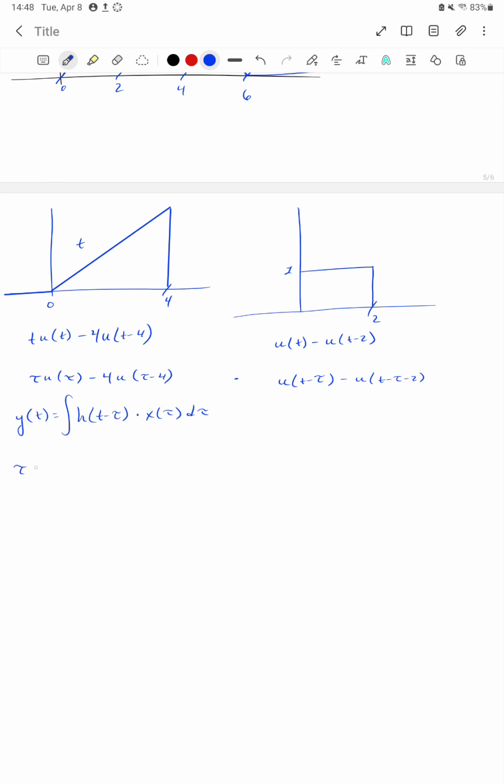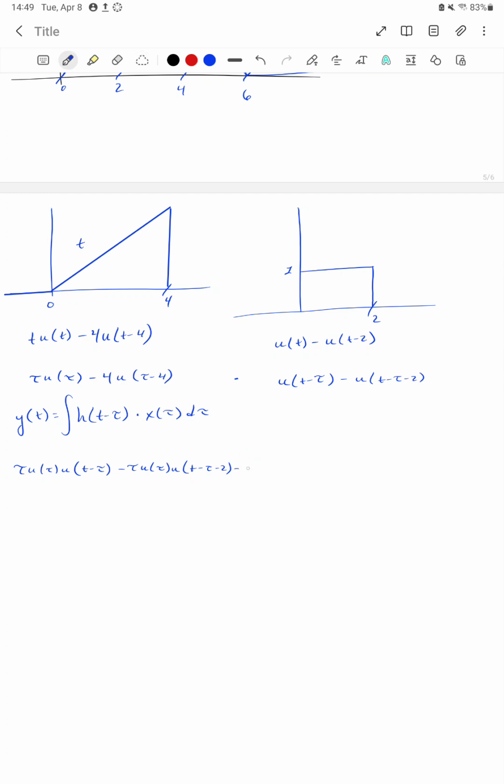So I've got tau u of tau times u of t minus tau. And then I've got minus tau u of tau times u of t minus tau minus 2. I'm going to make this a little closer together. I'm going to run out of space.